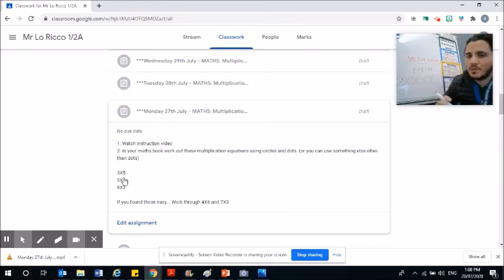Then you can show your working out underneath. Please use your space well, and make it as neat as you possibly can in your maths books. Remember that the first number is how many dots you're going to have in each group, the second number is how many groups, and your answer is how many dots all together.